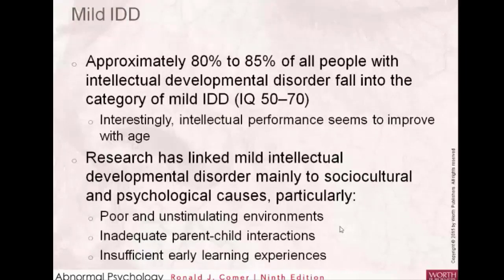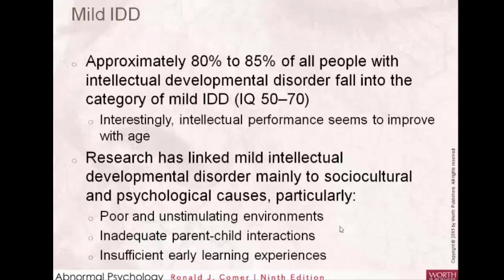So the vast majority of people who meet criteria for an intellectual disability fall into a category of a mild intellectual disability. So this is about 80 to 85%. Now in this range you have an IQ score between 50 and 70. So average is 100.